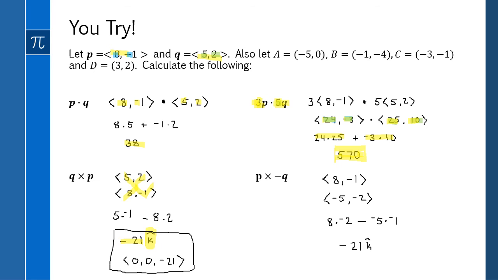It's still 8, -1. But now instead of just plugging in vector q, we plug in the negative of that. So instead of 5, 2, we need -q, so -5, -2.